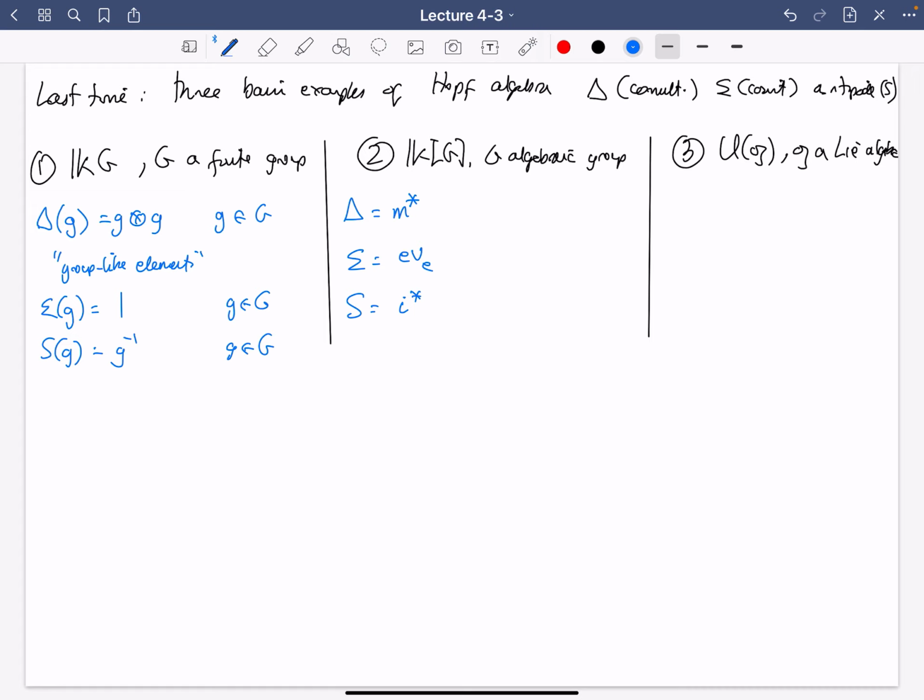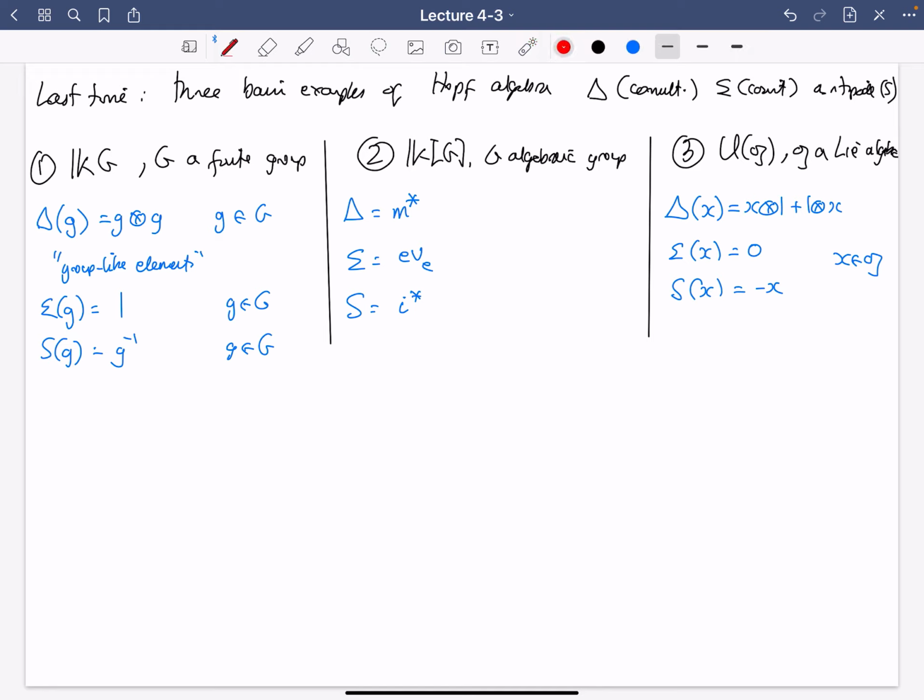And finally, for the universal enveloping algebra case, the co-multiplication on a Lie algebra element was x tensor 1 plus 1 tensor x. The co-unit on x was 0, and the antipode on x was minus x. All this is for x in the Lie algebra, and now you see I'm thinking of the Lie algebra as sitting inside the universal enveloping algebra. It generates that as an associative algebra.